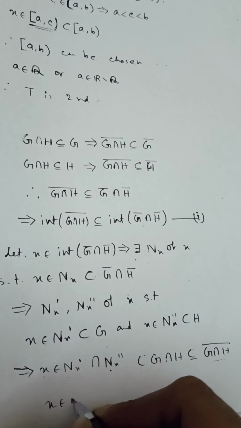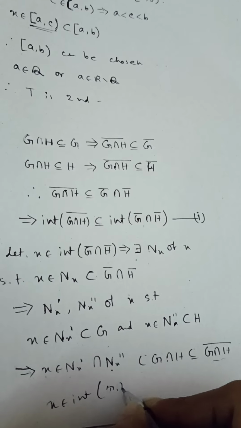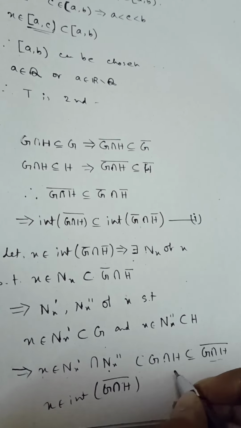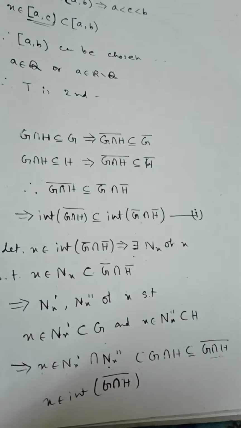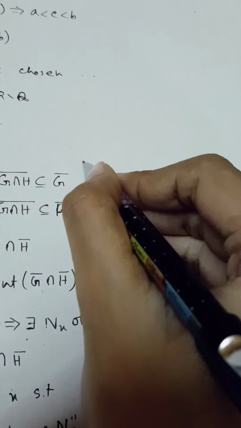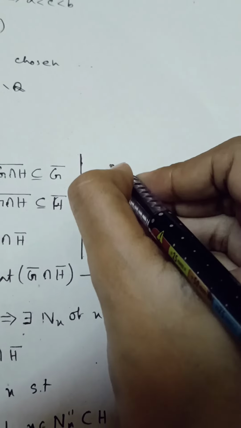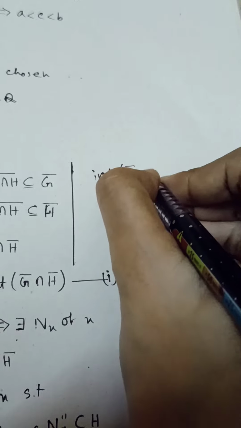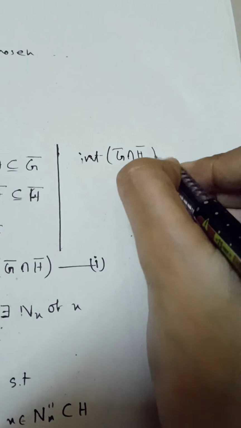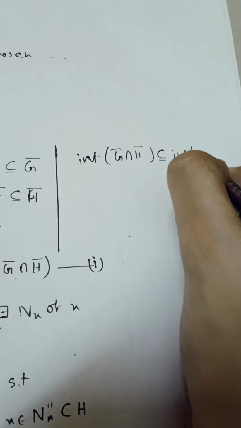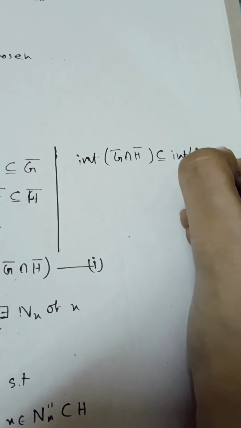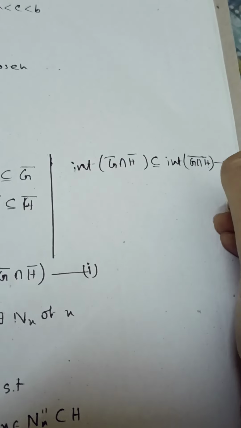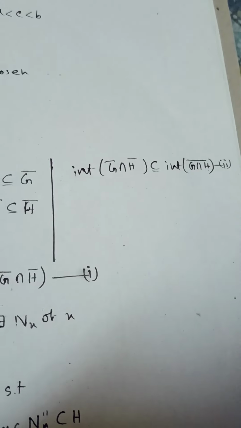So x belongs to the interior of the closure of G intersection H. And this proves that the interior of G bar intersection H bar is a subset of the interior of the closure of G intersection H. We denote it as number 2.